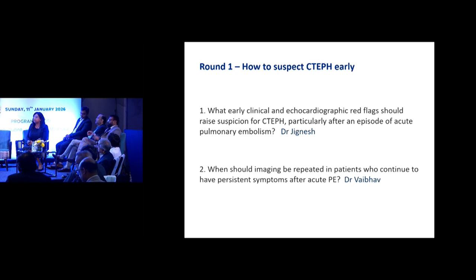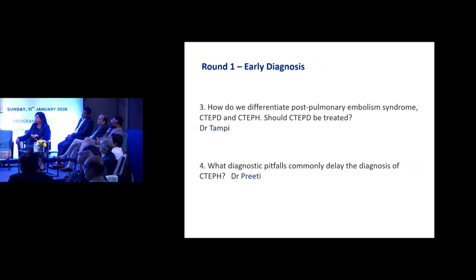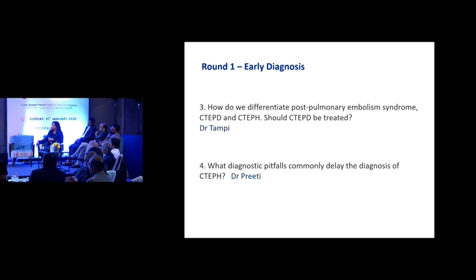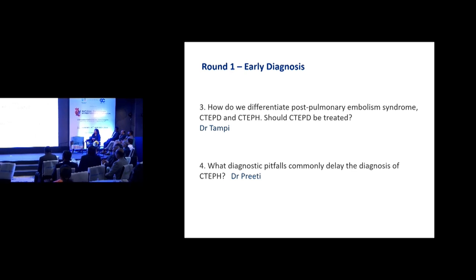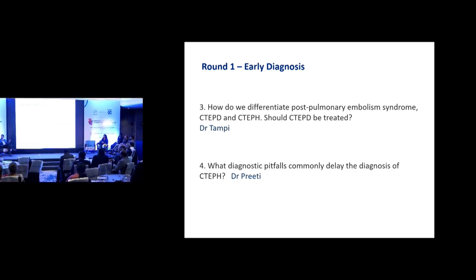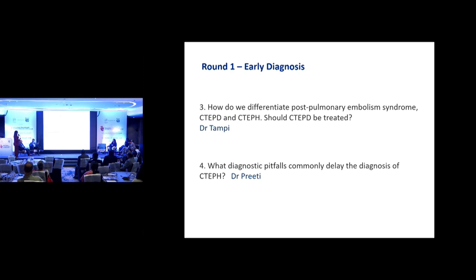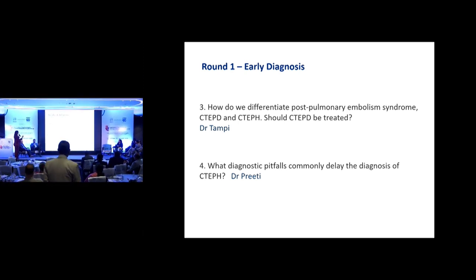Great. Dr. Talha, should we treat these CTEPD patients without resting pH? Should they be treated, chronic thromboembolic pulmonary disease without resting pulmonary hypertension, with vasodilators? No, surgically. They have PA obstruction.